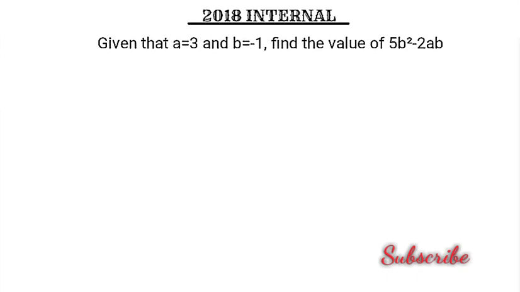This question came in 2018, and it was given that a is equal to 3 and b is equal to -1. Find the value of 5b squared minus 2ab.